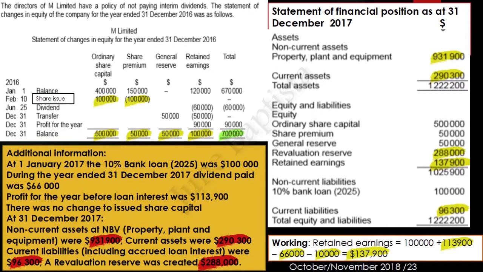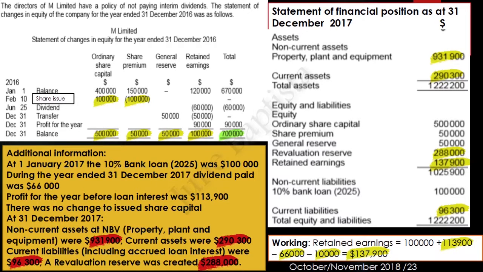General reserve $50,000, which did not change as well. Revaluation reserve $288,000. This was newly created. Retained earnings $137,900 as per the working below. Non-current liabilities, 10% bank loan due in 2025, $100,000.